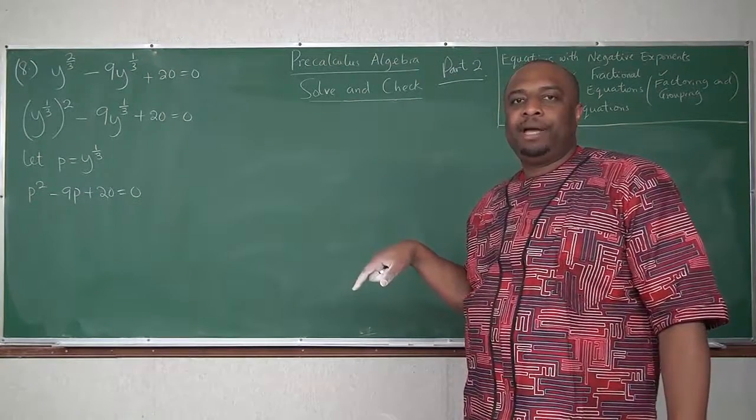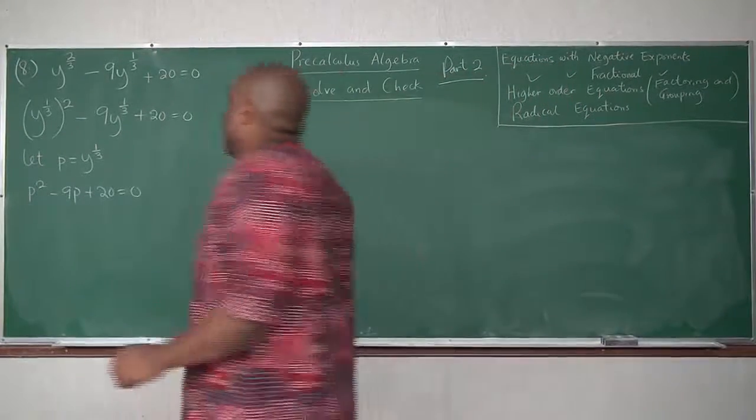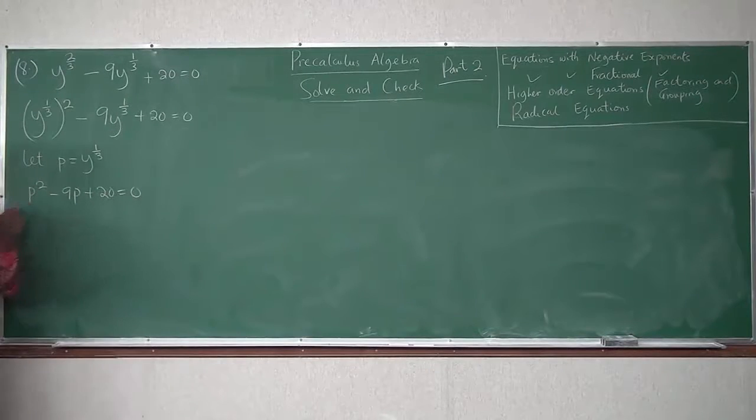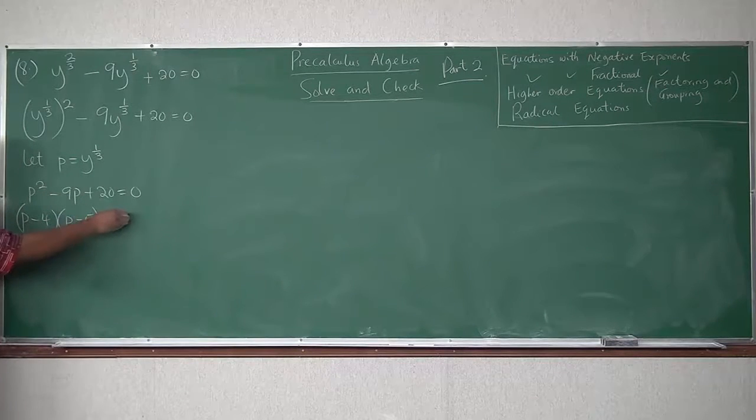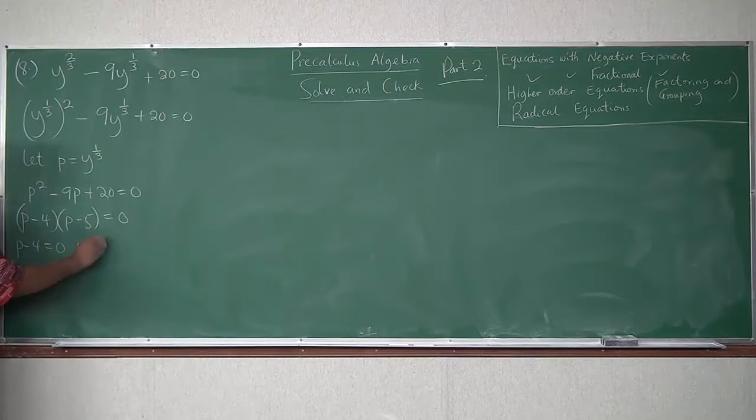Negative 4, negative 5 will work, and the coefficient here is 1. So we can do p minus 4, p minus 5 equal to 0. Now we use the zero product property: p minus 4 is 0, or p minus 5 is 0.